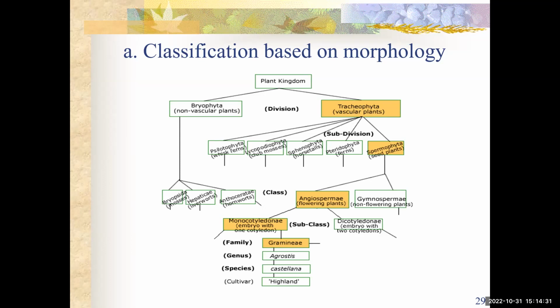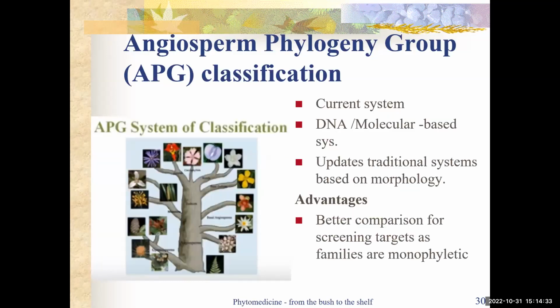So the taxonomists thought, why don't we look at a system that is consistent? And so today we have what you call the Angiosperm Phylogeny Group classification, which is based on DNA, molecular biology. We look at that because if you get the DNA and classify it all in the same way, you'll be consistent throughout.